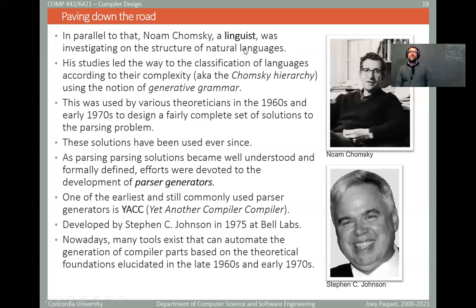So Noam Chomsky was one of these linguists in the 1960s that were working on ways to formally represent human language. One of the things that he invented is the notion of a generative grammar.